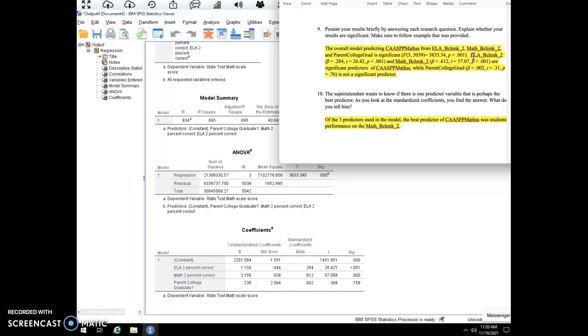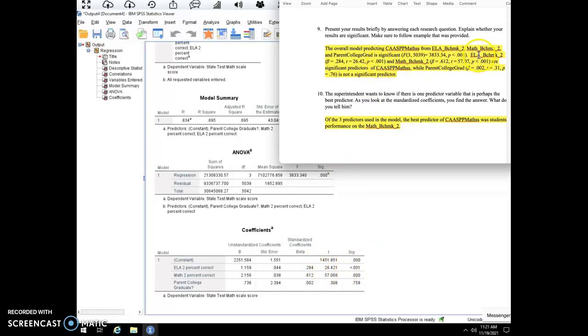And then we're going to list each of the independent variables. So we'll start with ELA benchmark with their beta value, the t value, and the p value. And those are all found in the coefficients table. So we were looking at ELA benchmark. We can see the standardized beta coefficient is listed here, followed by the t value here, and the significance.